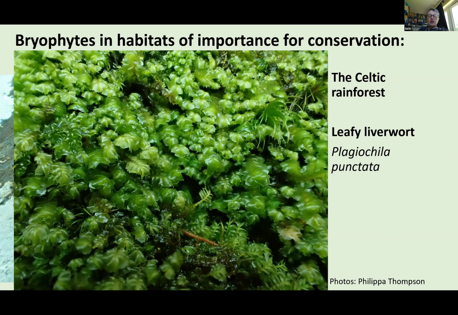It looks a bit like a lean-to shed sort of roof, and it looks a bit like the chocolate box cottages with the roofs that are thatched. Well, the whole cushion looks a bit like that. So you can actually see it. It's small, but you can see it projecting out of the bark. So a really nice species.